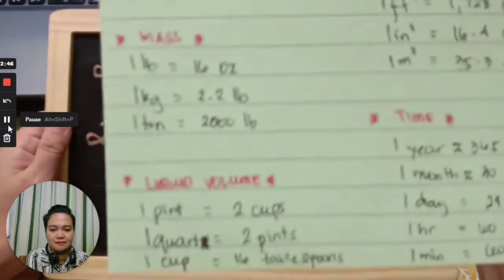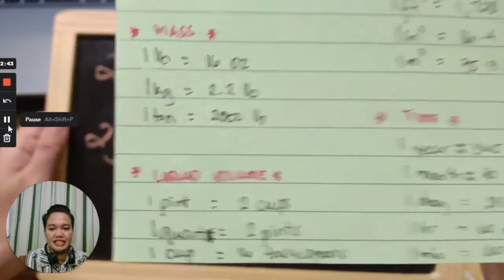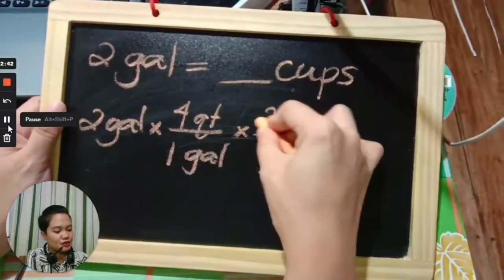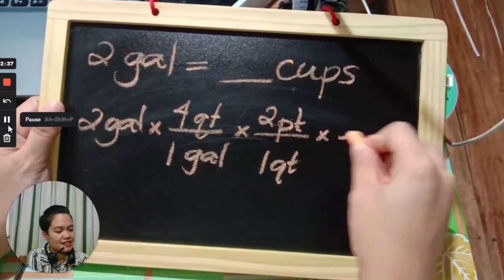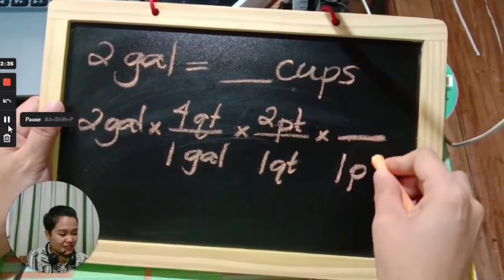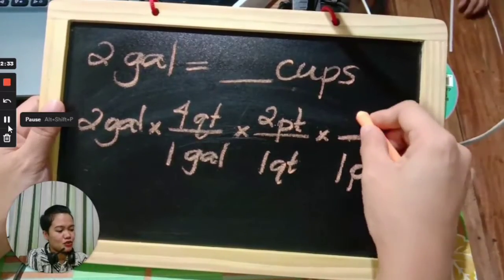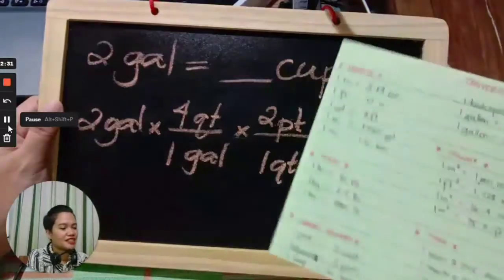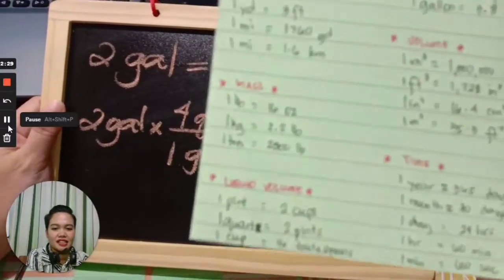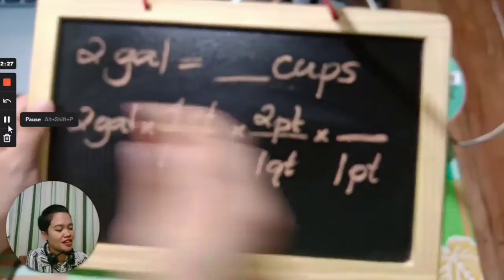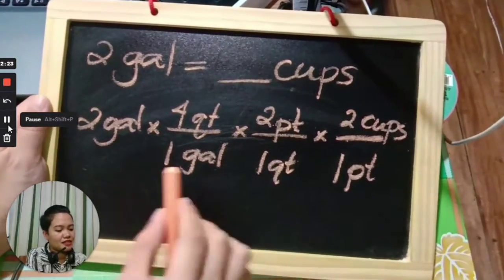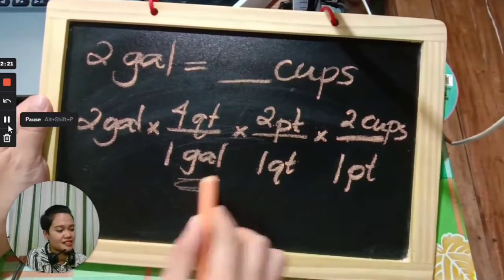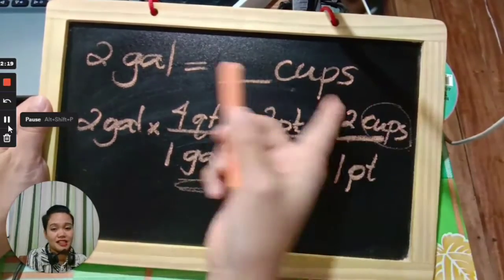So 1 quart is equal to 2 pints. And we still are not yet done. So 1 pint for the last conversion, that is 2 cups, finally. So finally we have from the given gallons and what we need cups.